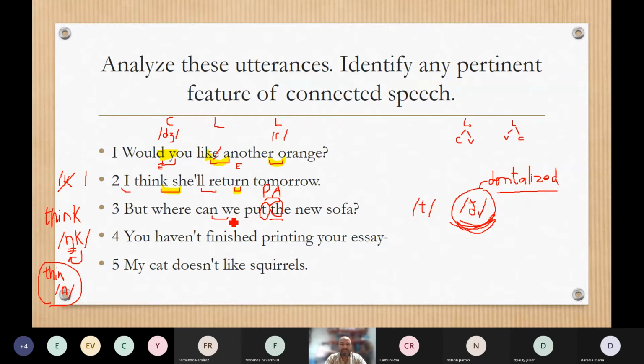Is the final sound in can exactly the same when you say can we? It's like an ng at the end. Okay. Can we? Can we?